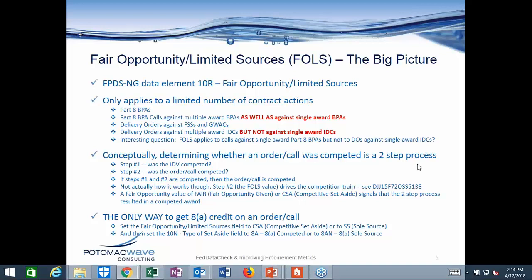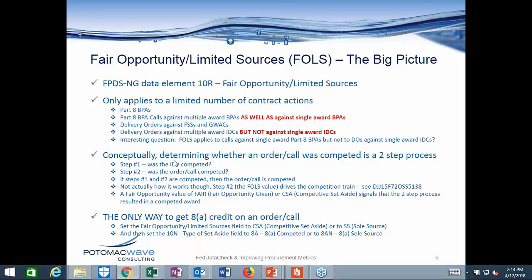So if you have 40 people on the Part 8 BPA, and then due to, say, urgency, you grab the first vendor you can get on the phone to fix a plumbing problem, and that vendor gets that BPA call, well, that wasn't a competed award.